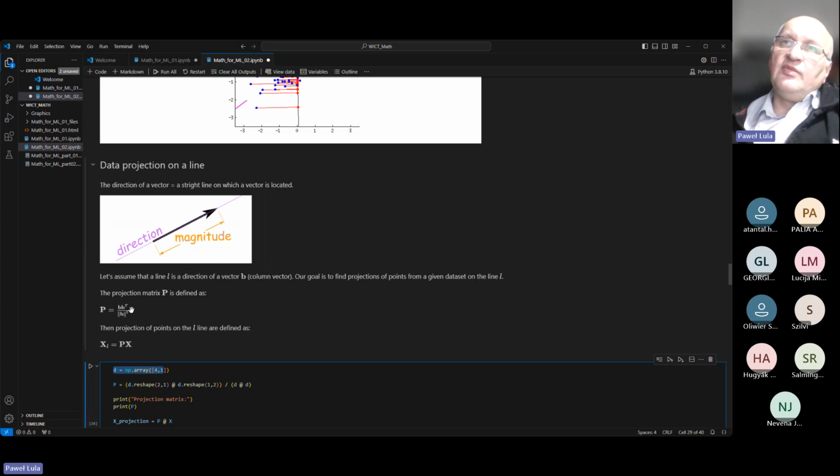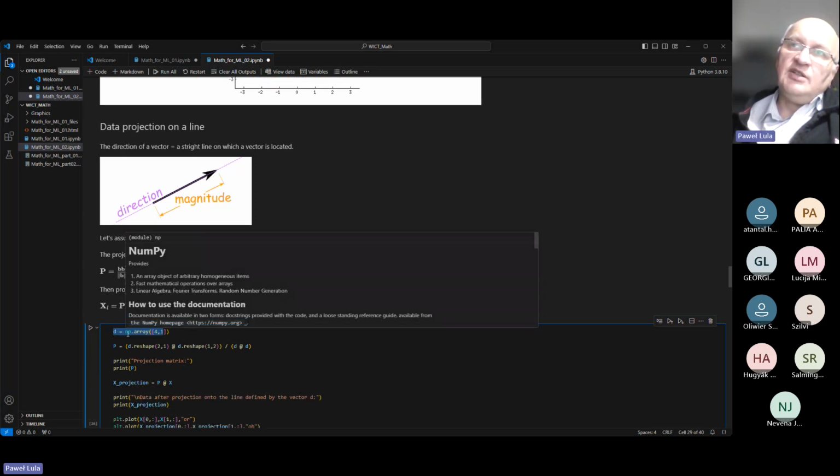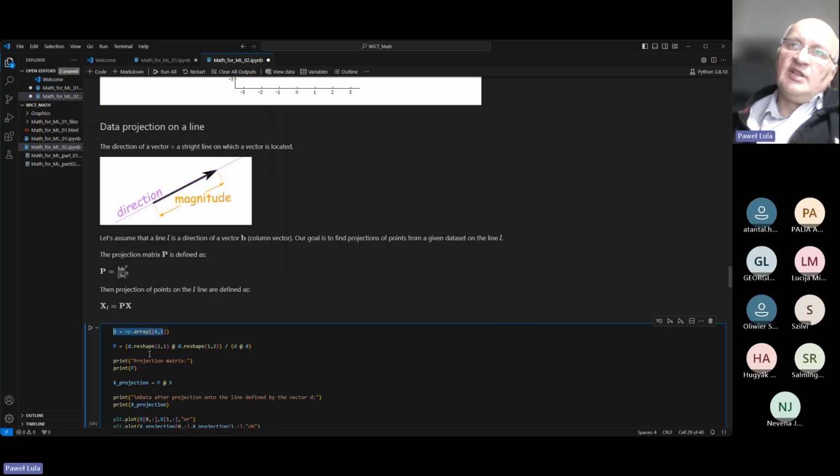And this transformation is defined here. When we have a vector B, and if we want to project points, to find projections of points on a line which is defined by this B vector, then we should use the transformation which is defined here. Here this vector is represented by D. And I created this projection matrix.